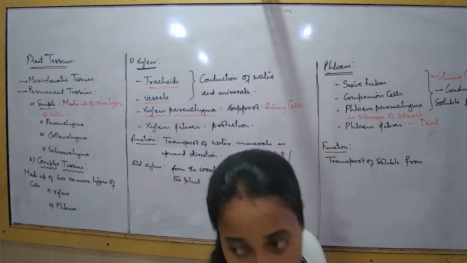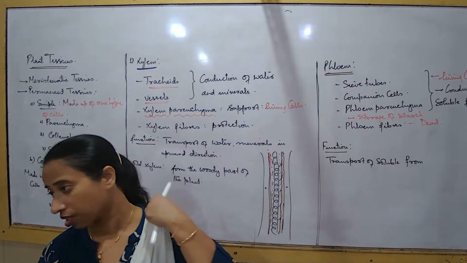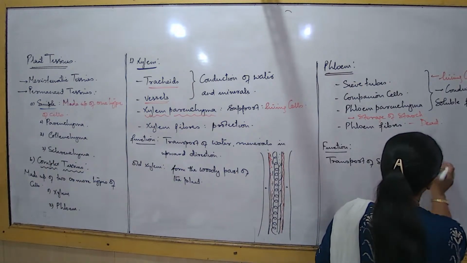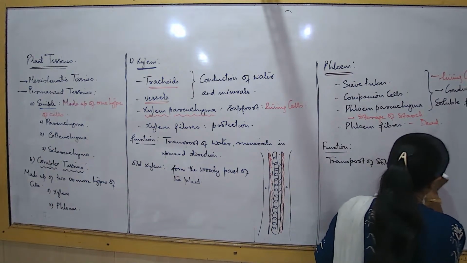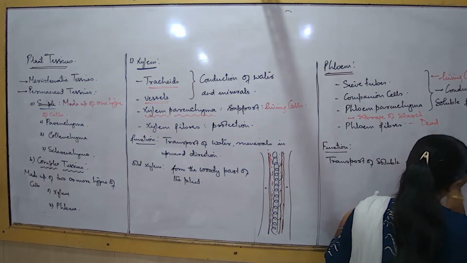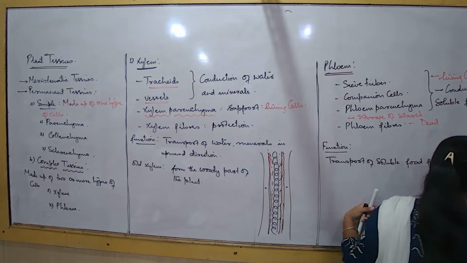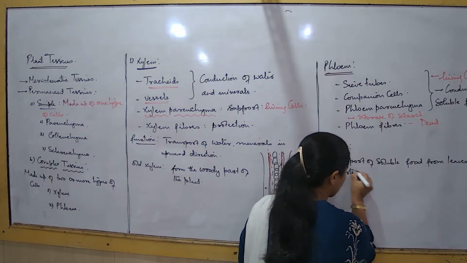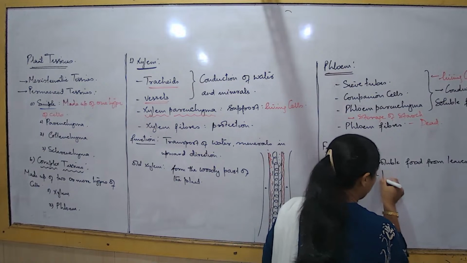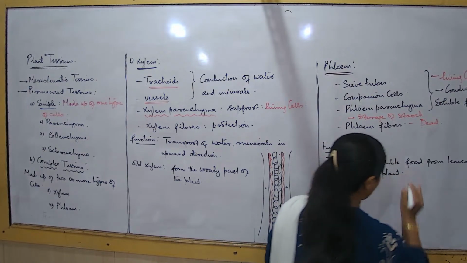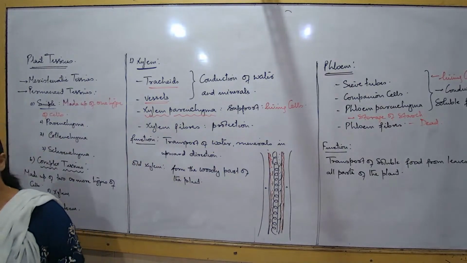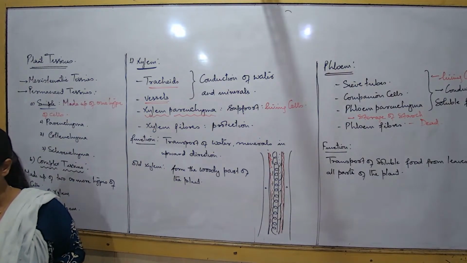Because the food is formed in the leaves by the process known as photosynthesis. Transport of soluble food from leaves to all parts of the plant. That is what we understand as the function of the phloem.